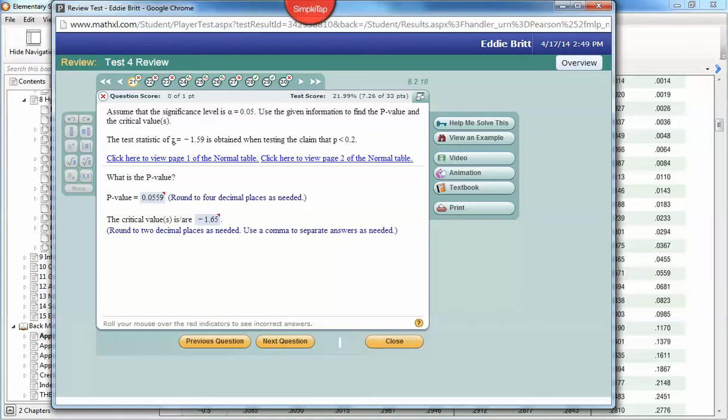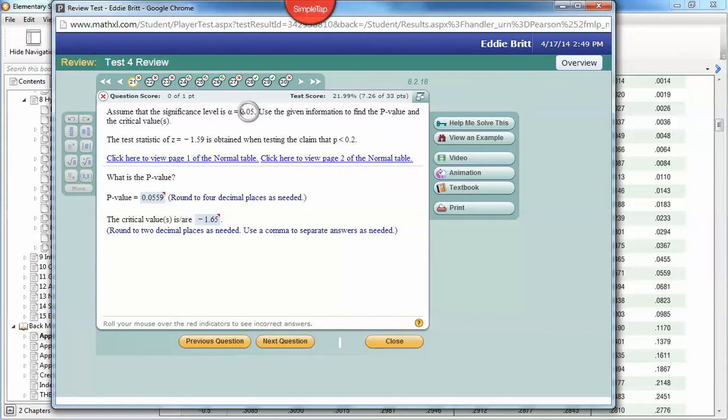The only difference with this is that if we need a critical z value, do you remember what that depended on? That depended on your confidence level with intervals. Well, here is your alpha. Alpha is 0.05.